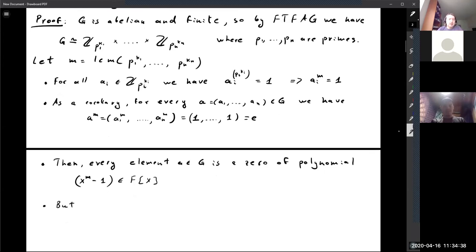Okay, so this G has in total P1 to the K1 multiplied by P2 to the K2 all the way to Pn to the Kn elements. So G has this many elements.